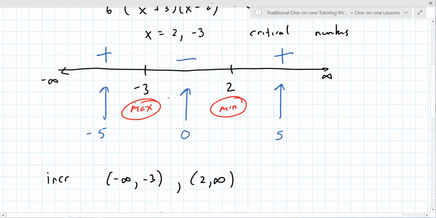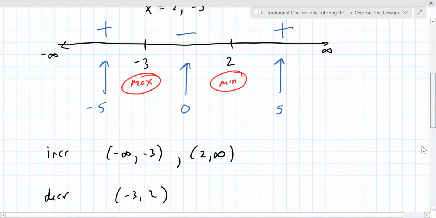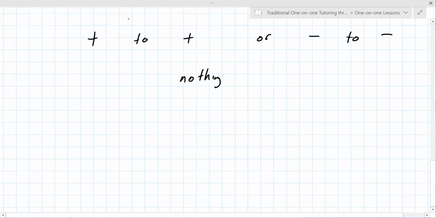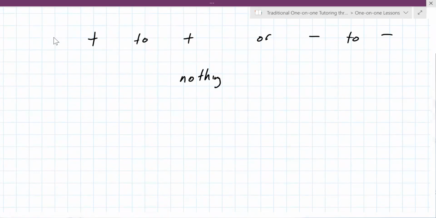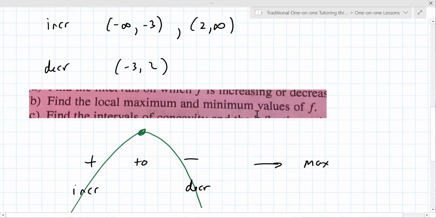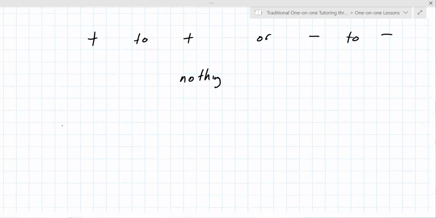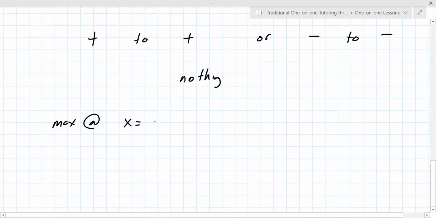But the problem is you have to do more than that. Those are just the x values. So you have a max at x equals -3.